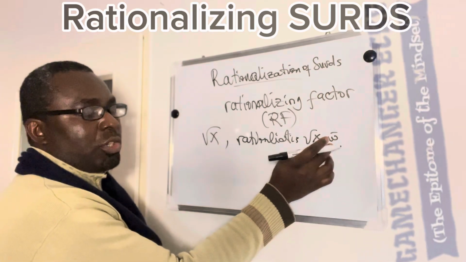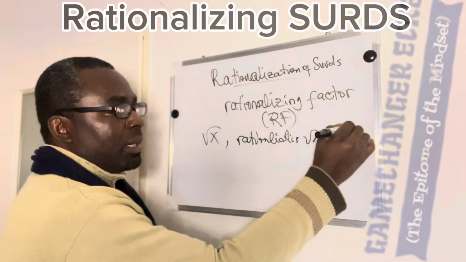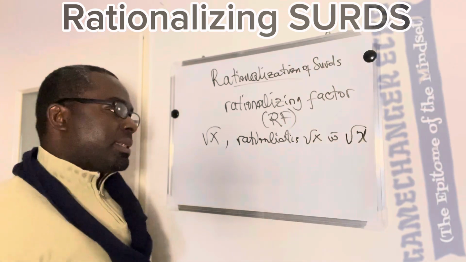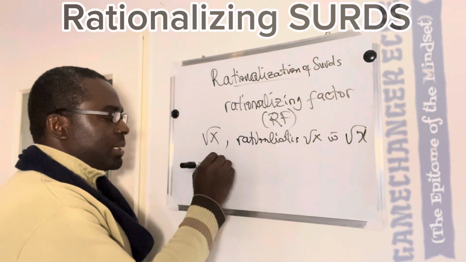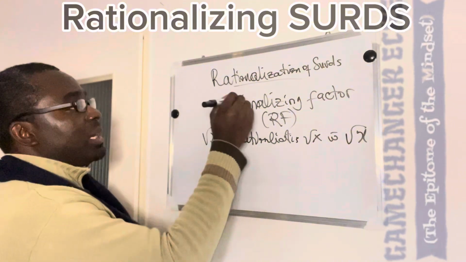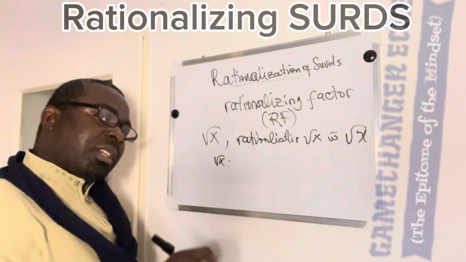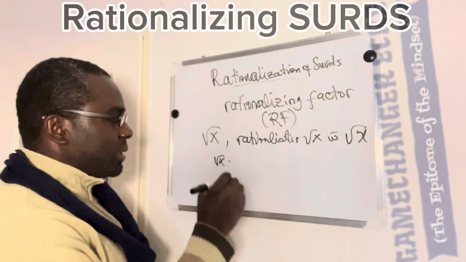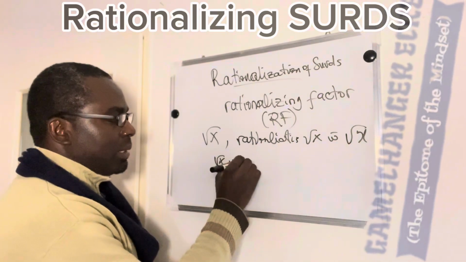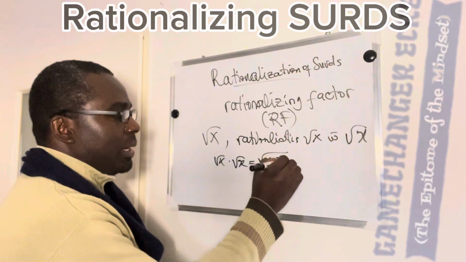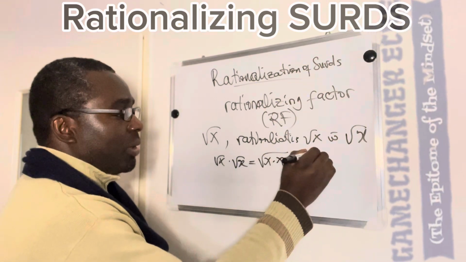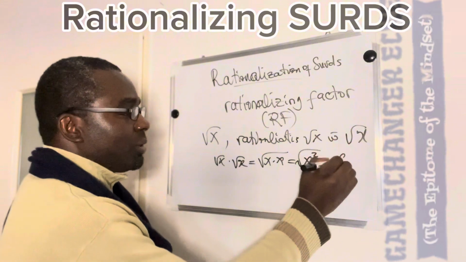Rationalizing sets means multiplying two sets. The root of x times root of x is the same as the square root of x times x, which is the same as the square root of x squared, and this now gives us x.